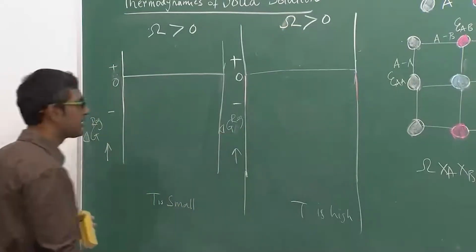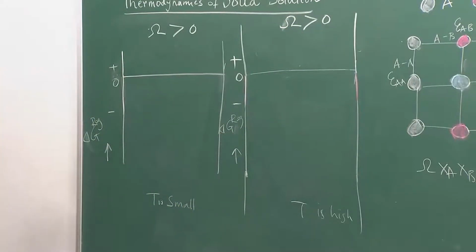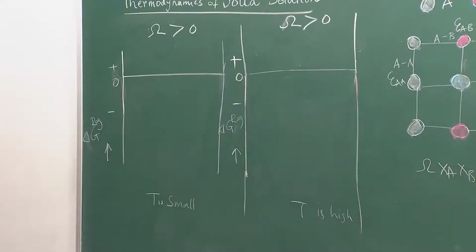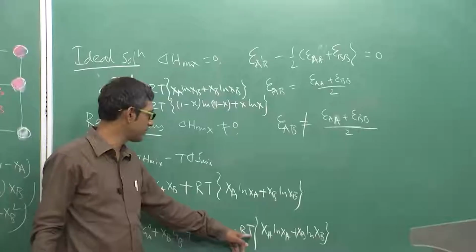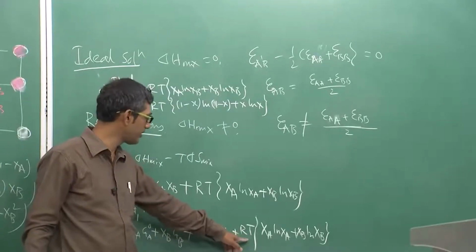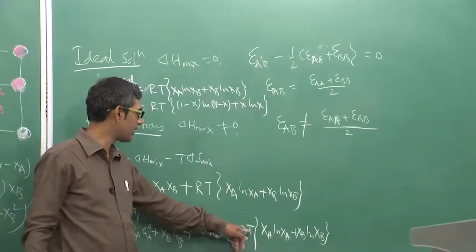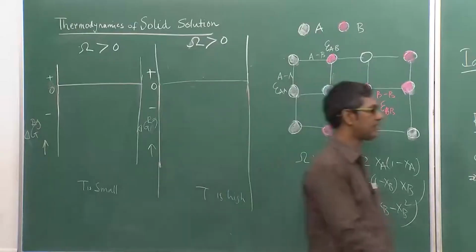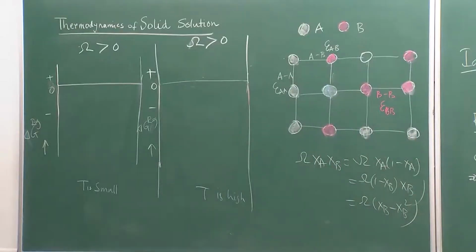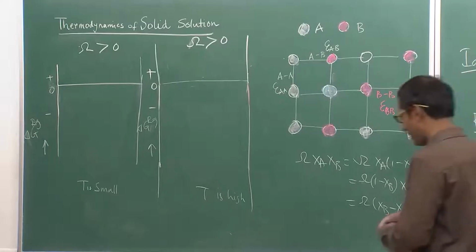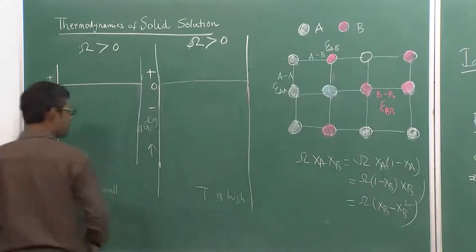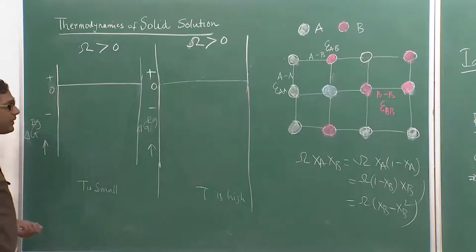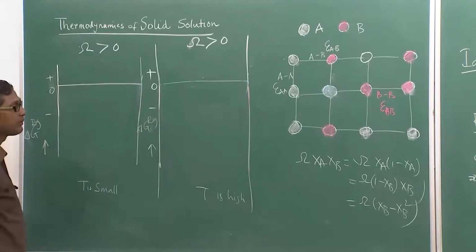Okay. So, for T small, as you see, when T is small, the entropic contribution is small, correct, because T is present in this equation. Because it is present in the equation, the value of the entropic contribution, or T delta S mix, will strongly depend on temperature, so it will be lower, not higher. So, let us first plot what will happen to delta H mix. Obviously, delta H mix, because omega is positive, will be positive.